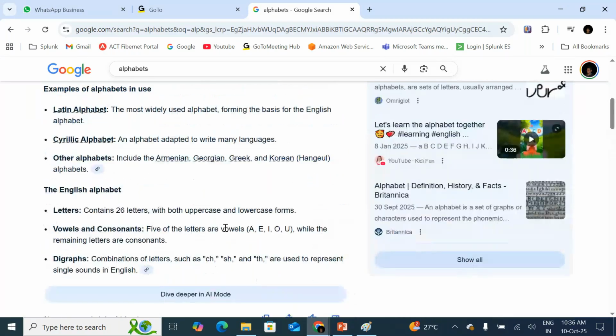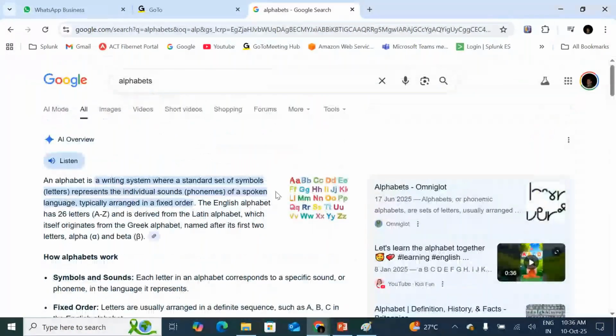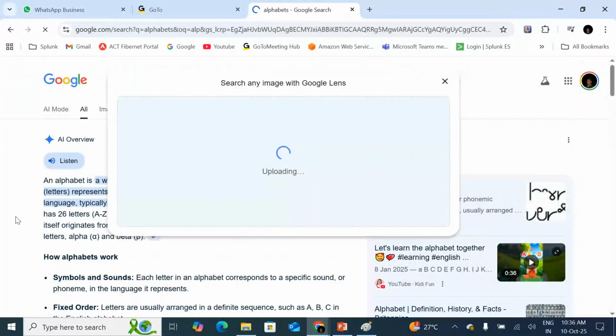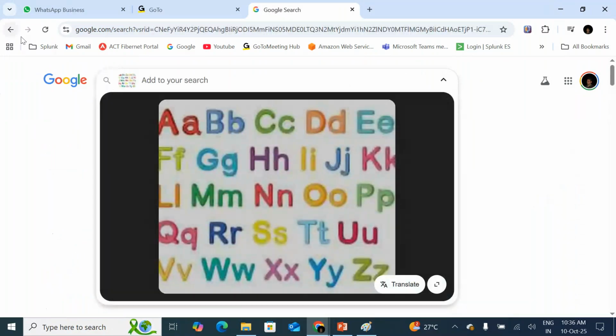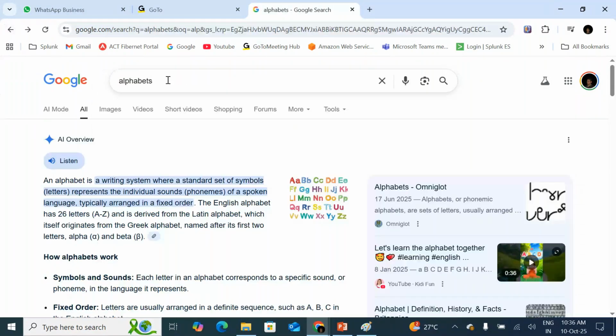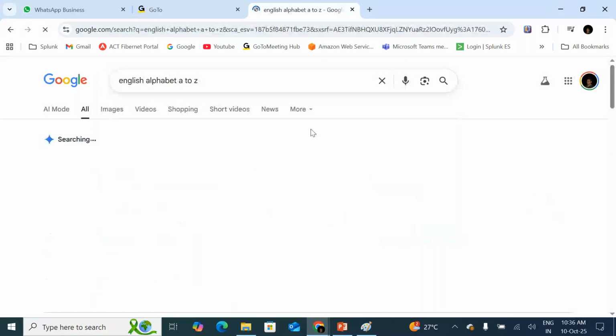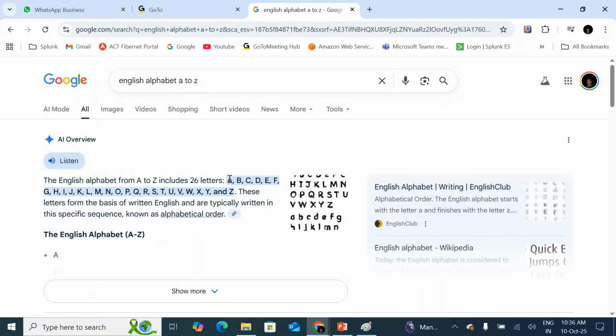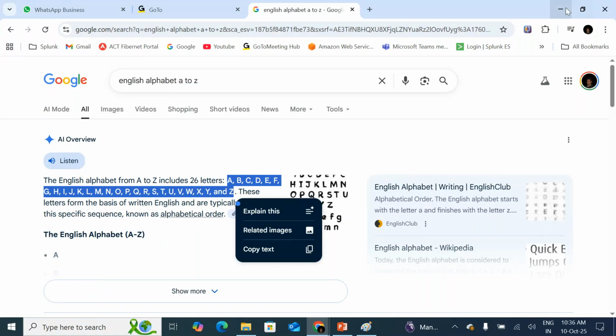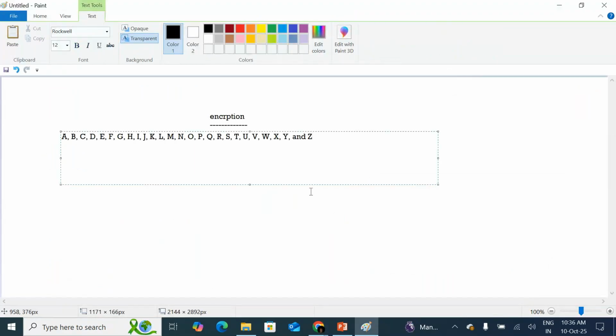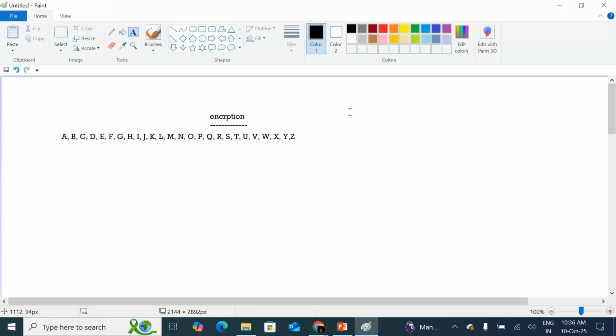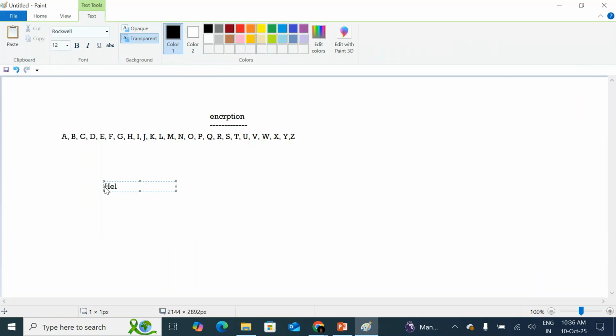Here are the alphabets, A to Z now. Let's say I have a word called hello. This hello won't look like hello. Hello will be encrypted.